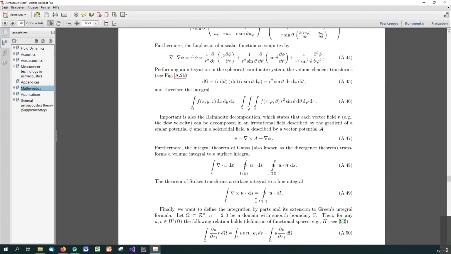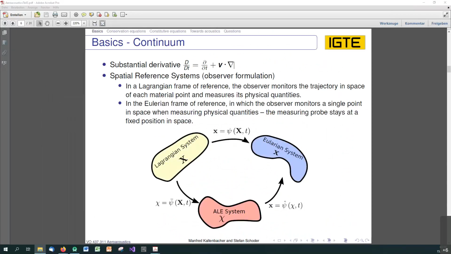So this will probably be useful for your homework. Good. Did I answer your question? Yes, thank you. Okay, perfect. So that's how we distinguish Einstein's index notation and the operator notation.